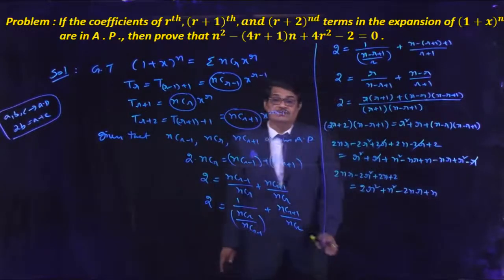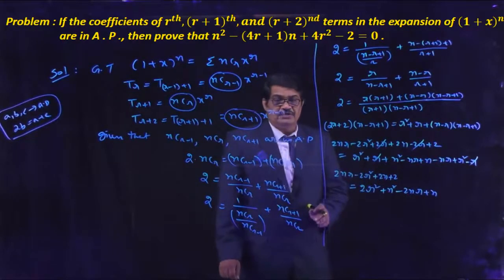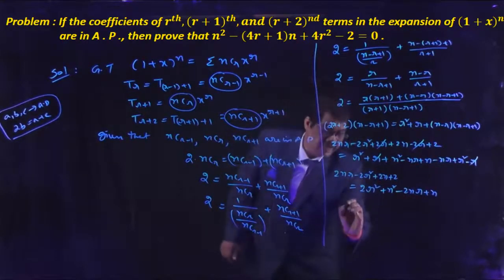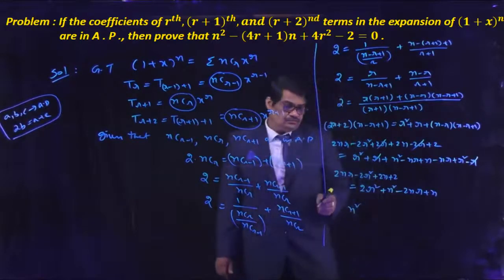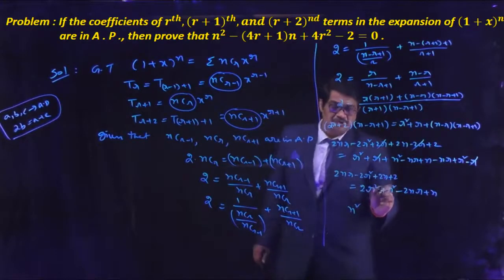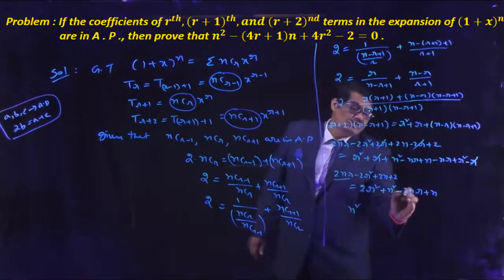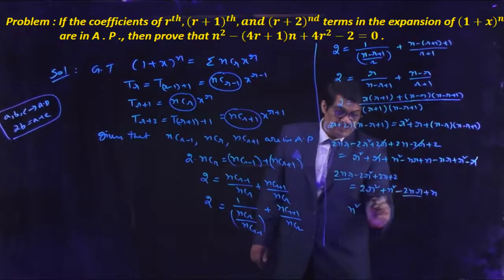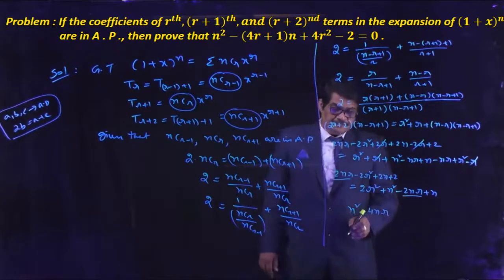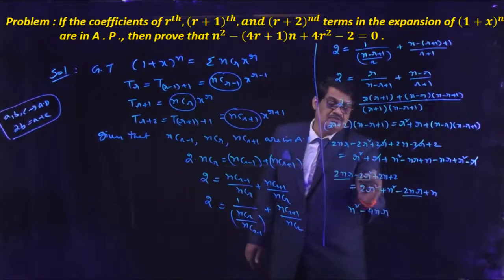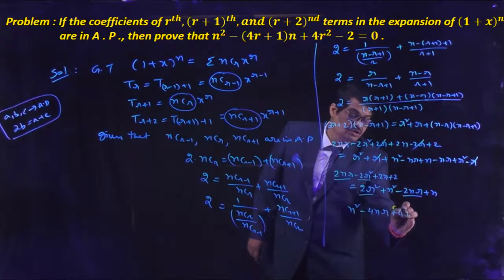Okay, now we are simplifying this one. Our proving result is of n square, so now we are writing n square. Next, what are the terms? This is 2nr, this is 2nr, that is moving to this side, then minus 4nr. Here minus 2r square, here plus 2r square, that is plus 4r square.